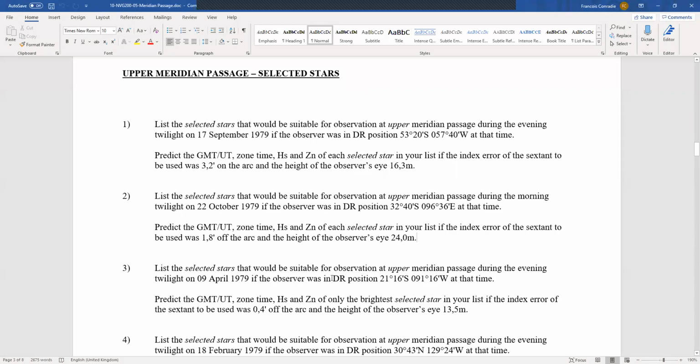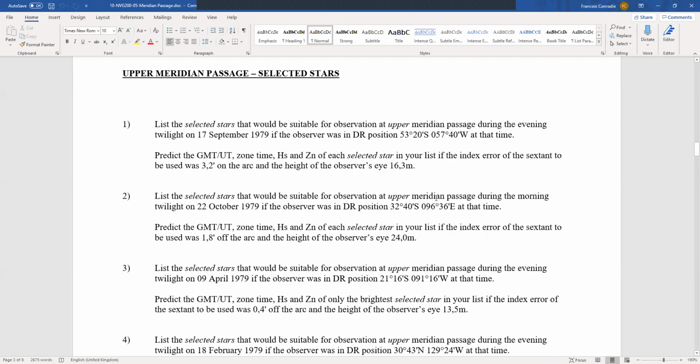So if we look at this question, it says list the selected stars that would be suitable for observation at Upper Meridian Passage. Note that it will always be upper, right? It's only the Sun that could be Lower Meridian Passage, or at least in the syllabus that we're covering, it will only be the Sun.